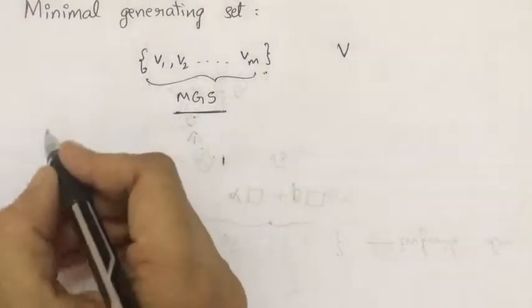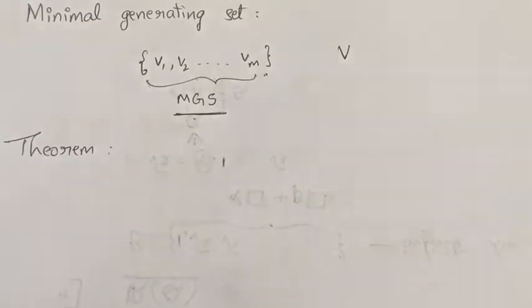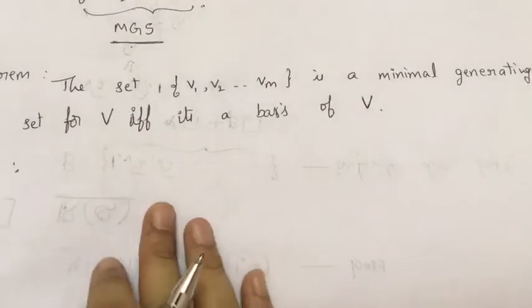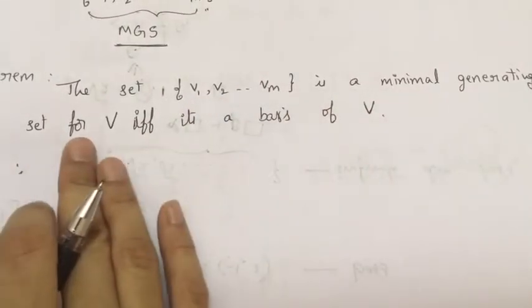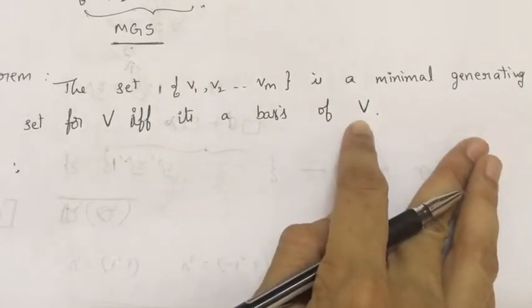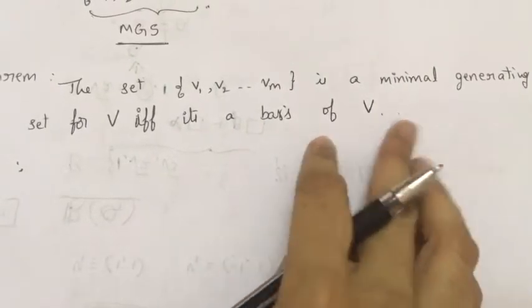So a theorem states: this set of vectors v1, v2, vm is a minimal generating set for V if and only if it is a basis of V. Let us prove this theorem.